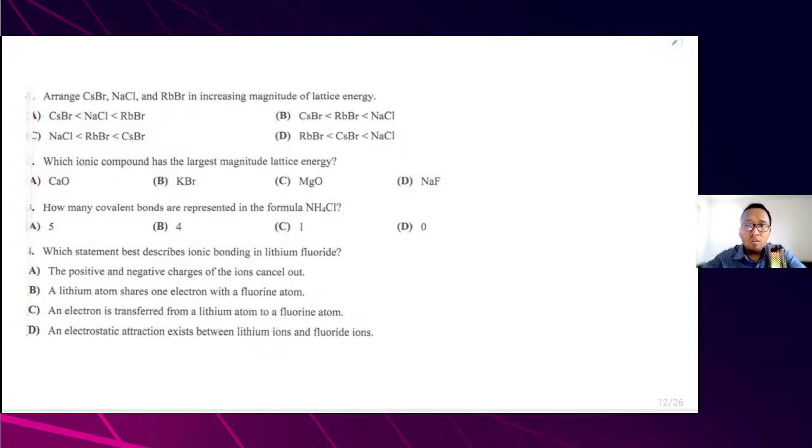So now we are going through our practice exam. These questions are mimicking the real test in the ACS exam. Let's do it.